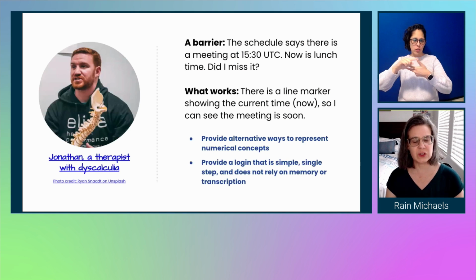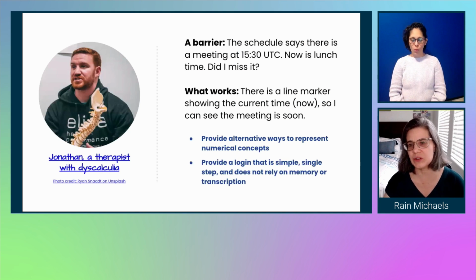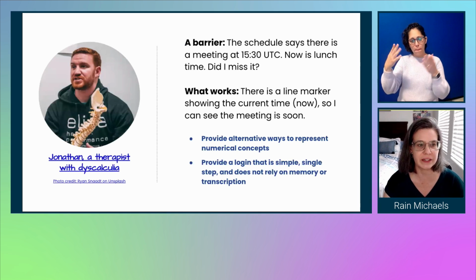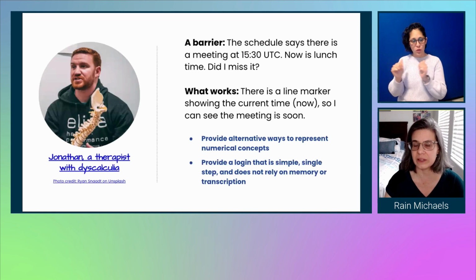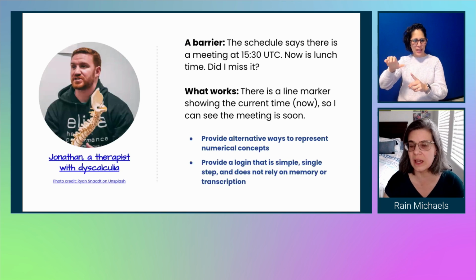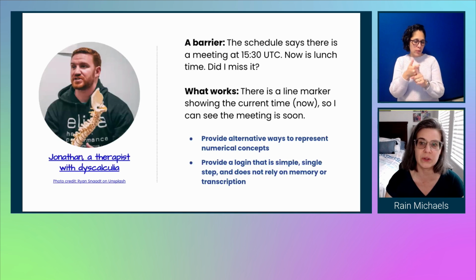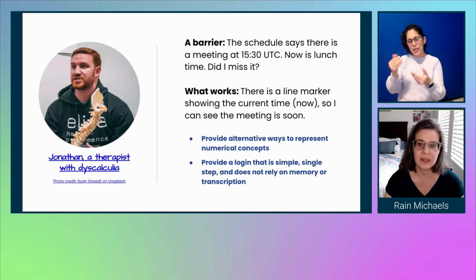So the first story that I'm going to talk about is from a persona of an individual named Jonathan. And Jonathan is a therapist with dyscalculia. So just to remind you, dyscalculia is a diagnosis and relates to individuals who have difficulty with processing numbers, numerical concepts.